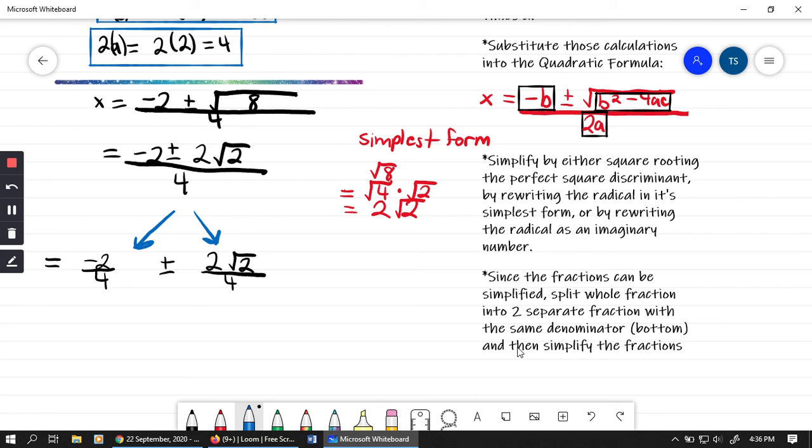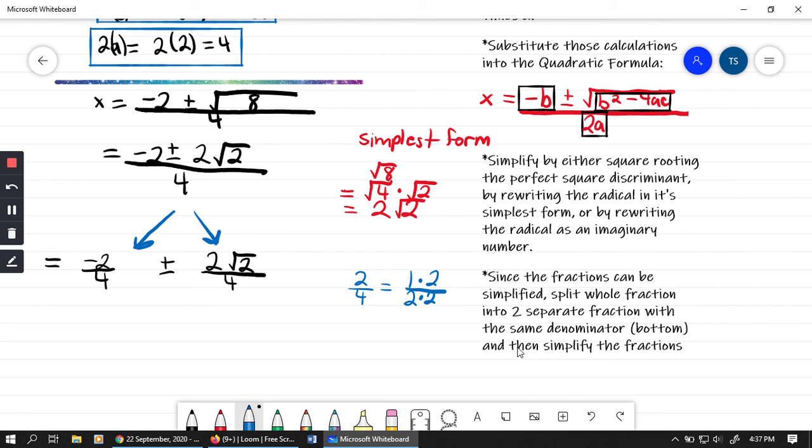But remember that 2 over 4 is the same thing as 1 times 2 over 2 times 2. So 2 is 1 times 2, and 4 at the bottom is 2 times 2.